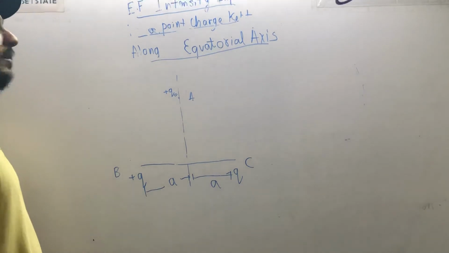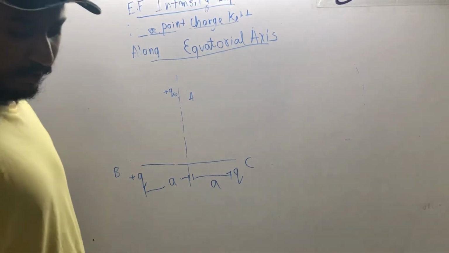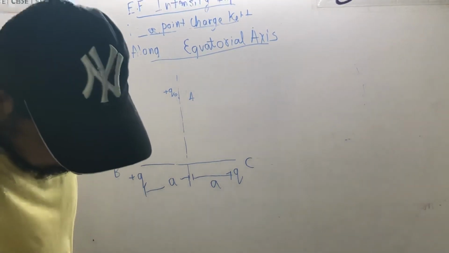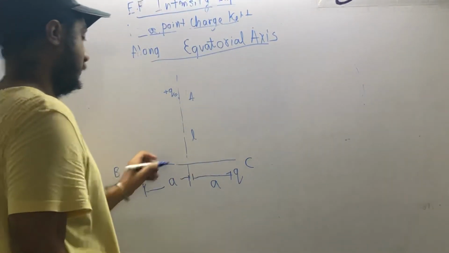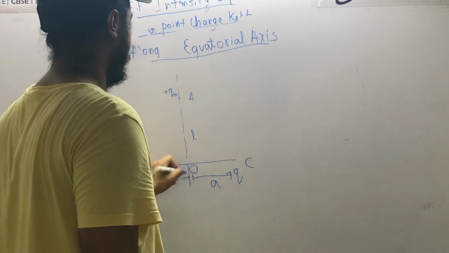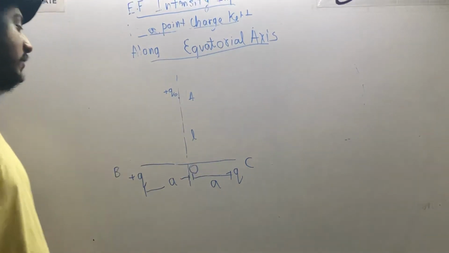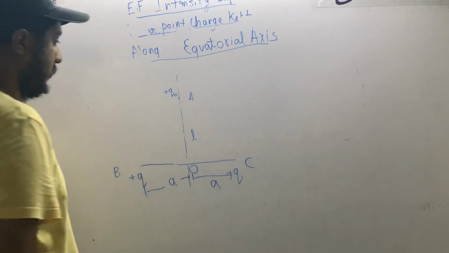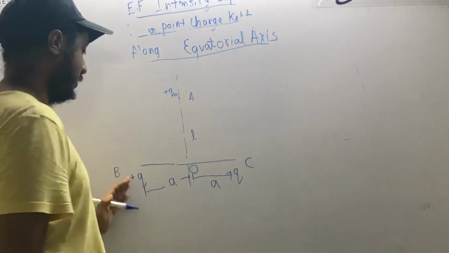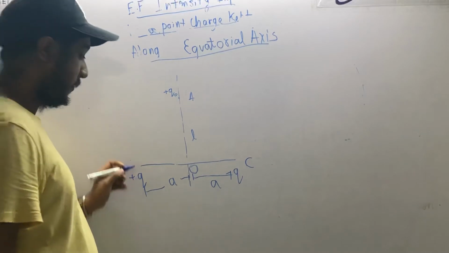Let us assume that this point is at a distance of L from this point O. AO is L.